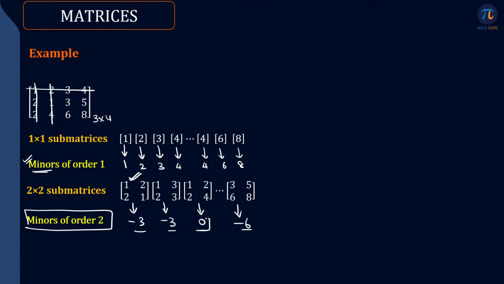Of course, there may be one whose determinant is 0, but not all of them are 0. So we can find a 2 by 2 submatrix whose determinant is not 0. That is, we can find a minor of order 2 which is non-zero.